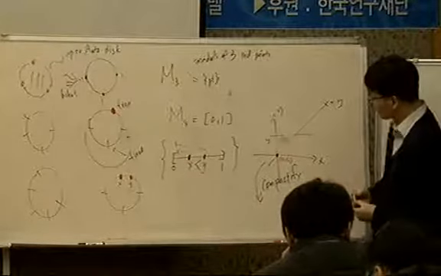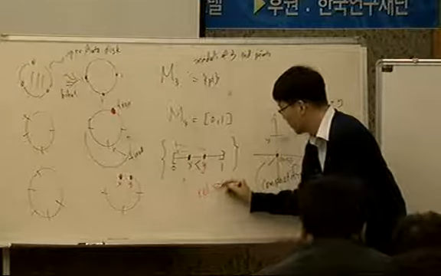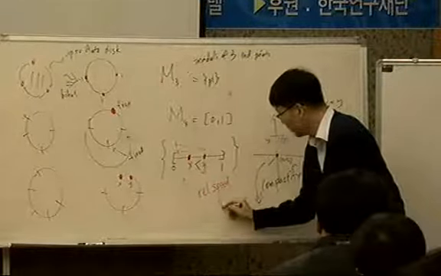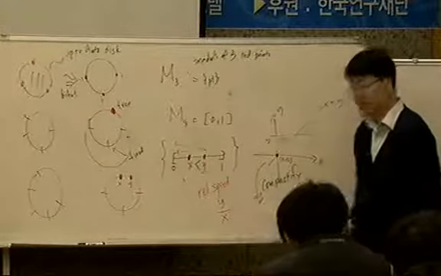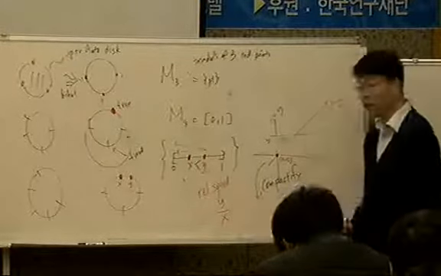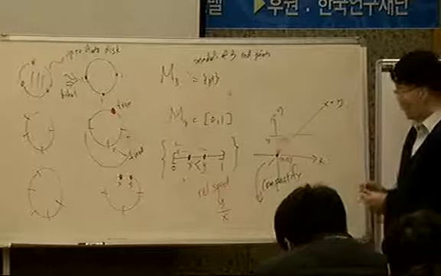And their relative speed you can record as something like Y over X. Right? So it's the slope. So this slope is actually the relative speed.